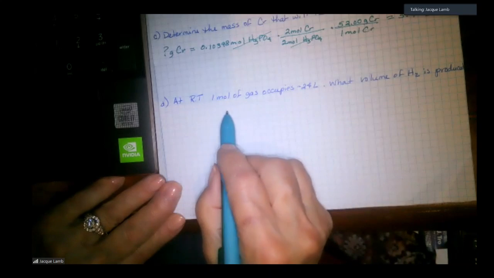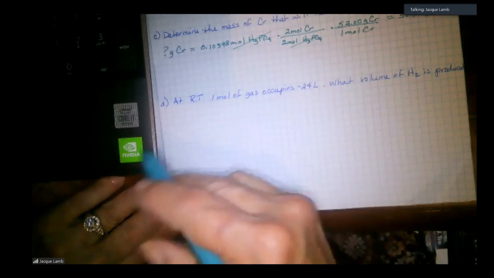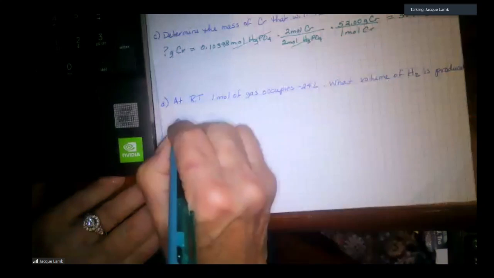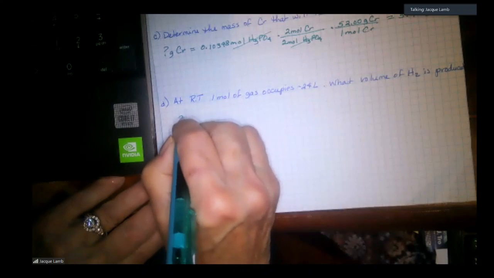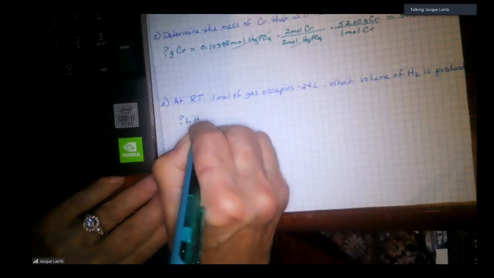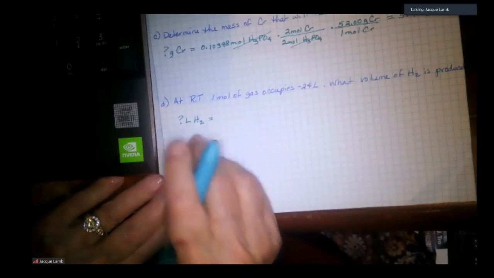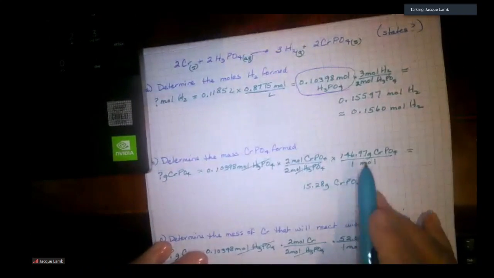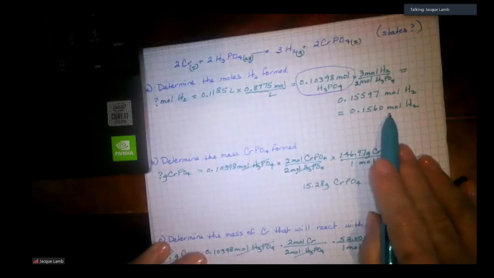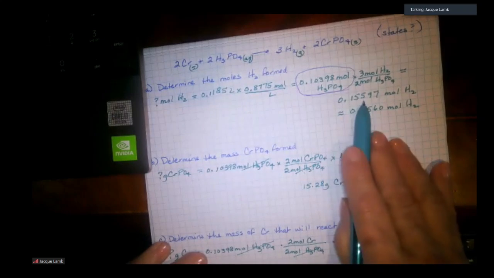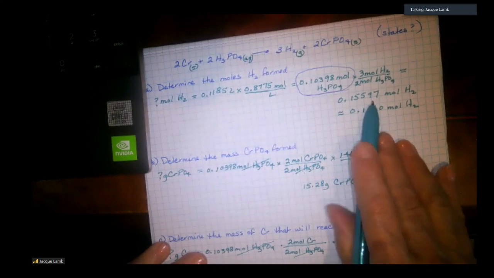So I want to convert the, so how many liters of hydrogen gas equal the number of moles? And if you remember, the moles of hydrogen was 0.1560. Now I can use this 0.15597 and then do the math.